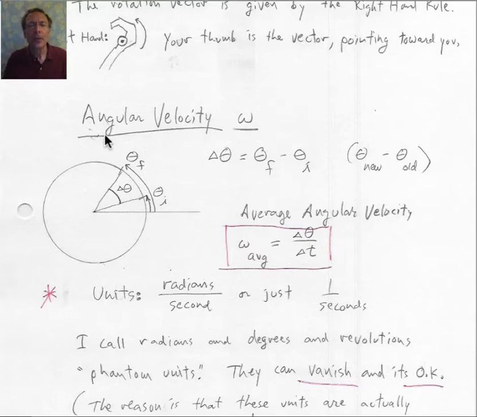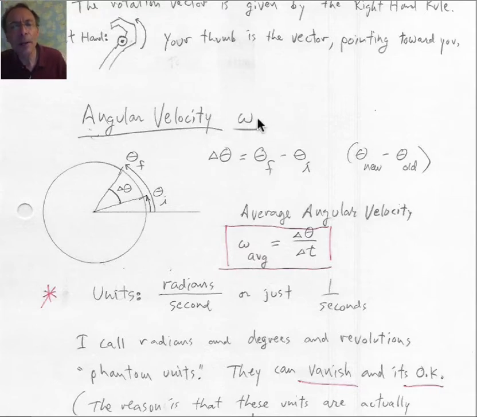Okay, so now let's talk about angular velocity. Regular linear velocity got the letter v, but rotational velocity or angular velocity, the two words are used interchangeably, angular, rotational. Anyway, the symbol is omega.